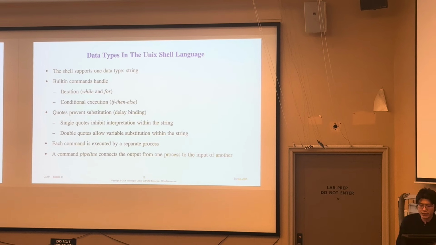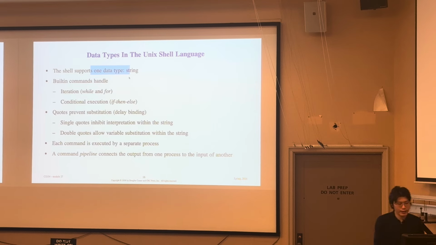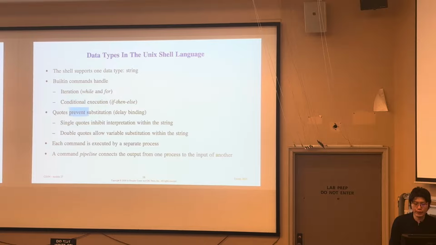So the shell only supports one data type, which is string, and you have built-in commands to handle iterations, like while and for, and a conditional execution if then else. And you can use quotes to prevent a substitution and delay the binding. Single quotes inhibit interpretation within the string, and double quotes allow variable substitution within the string.